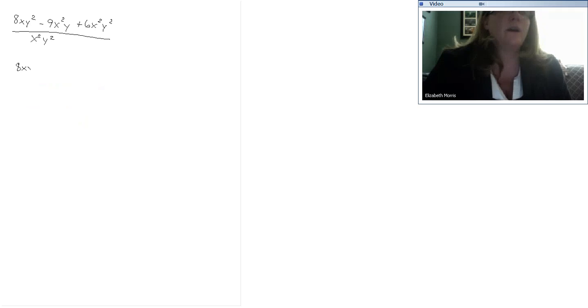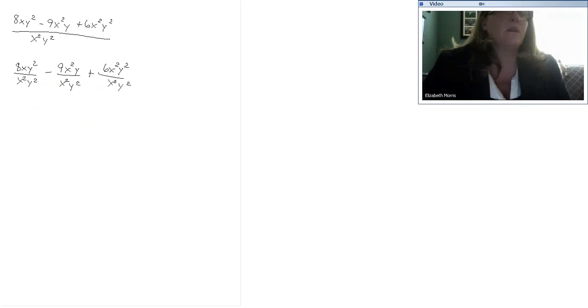Okay, what if I had 8xy squared minus 9x squared y plus 6x squared y squared, and it was all over x squared y squared? Well, that would be 8xy squared divided by x squared y squared minus 9x squared y divided by x squared y squared plus 6x squared y squared divided by x squared y squared. All right.